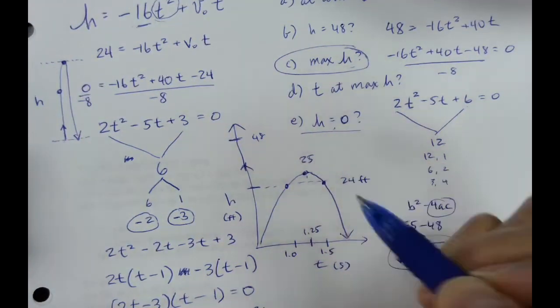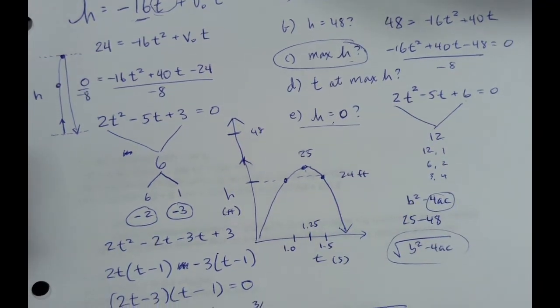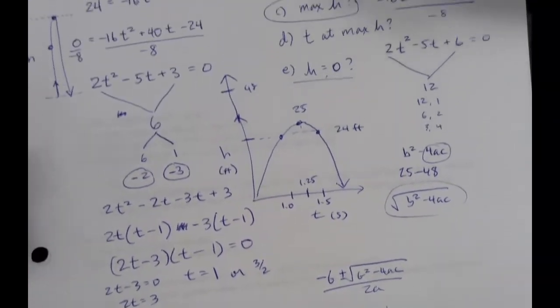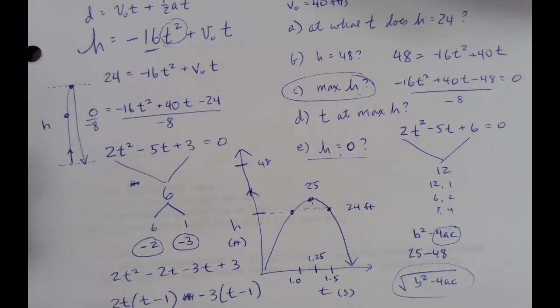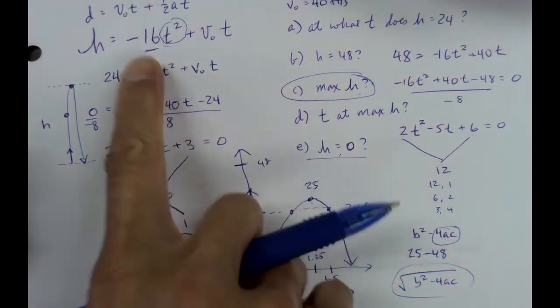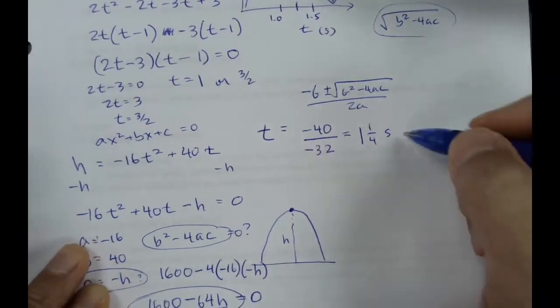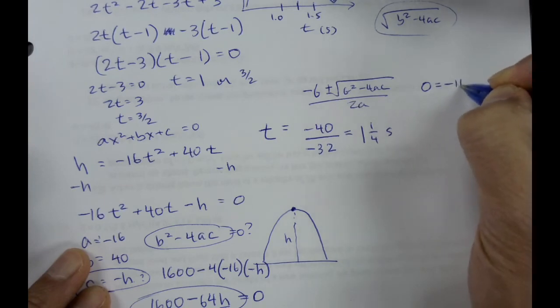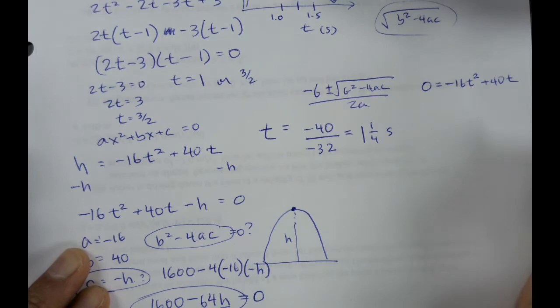And then when does it come back to the ground again? It's something we can actually do pictorially, but since we're practicing with this equation solving, we will do that here. And then I'll show you how you could do that visually. So height is equal to 0, negative 16t squared plus 40t.